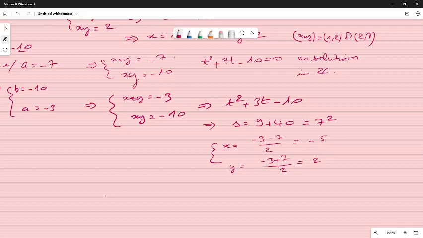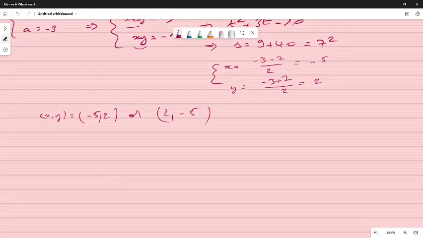Then we have (x, y) equals (minus 5, 2) or (2, minus 5), because these equations are symmetric in x and y.